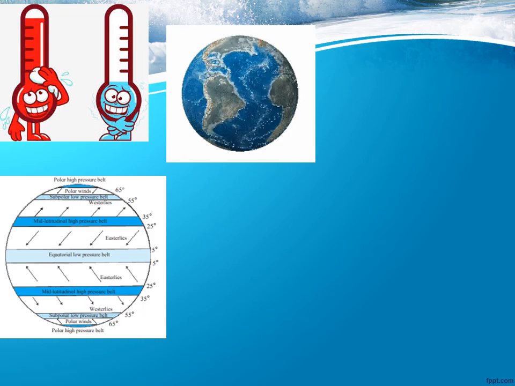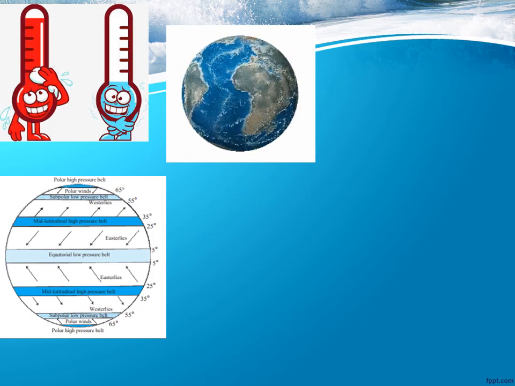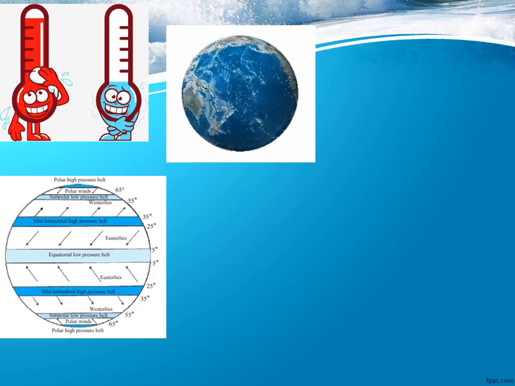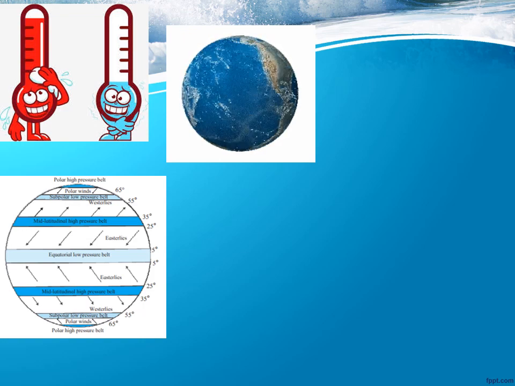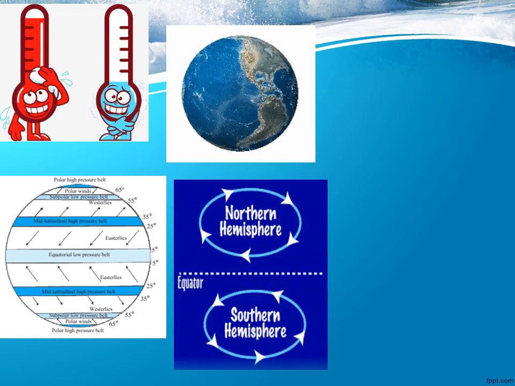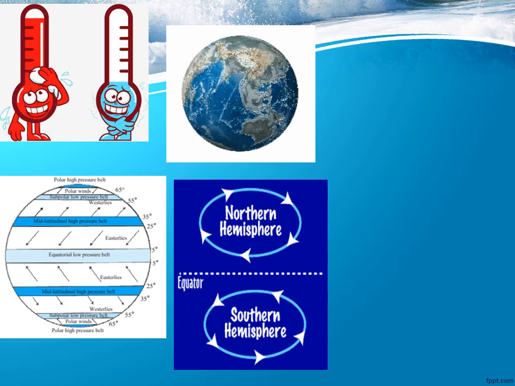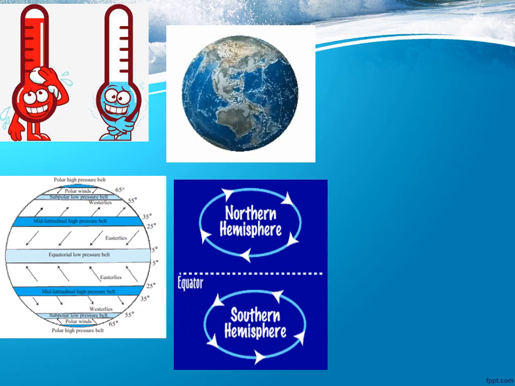Rotation of the earth. Because of the rotation of the earth, the ocean currents move in clockwise direction in the northern hemisphere and in anti-clockwise direction in the southern hemisphere.